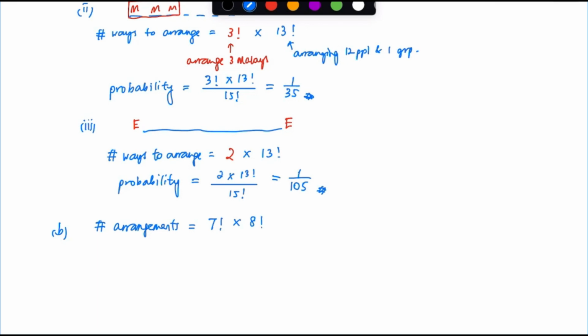There's no restriction whatsoever, so we count them separately. It'll be very big, so I think we can leave it like that. Otherwise, if you want to write everything, 7 factorial multiplied by 8 factorial is 2032122800, but no need. 7 factorial times 8 factorial also works. So this will be part B.